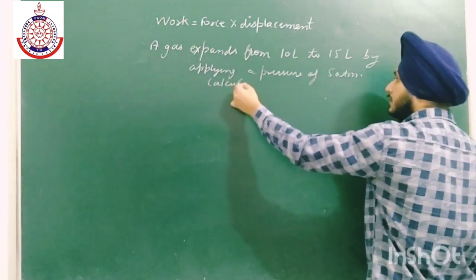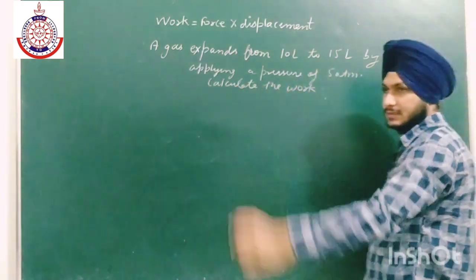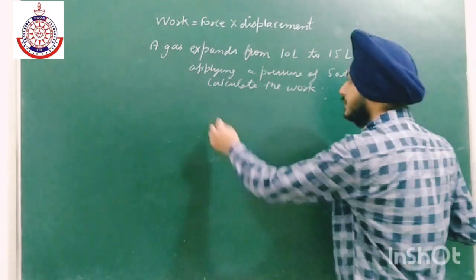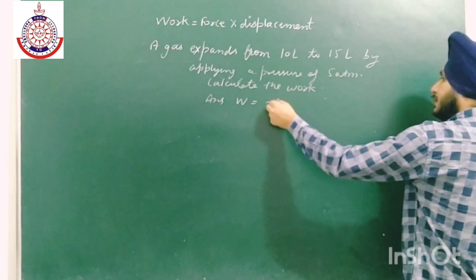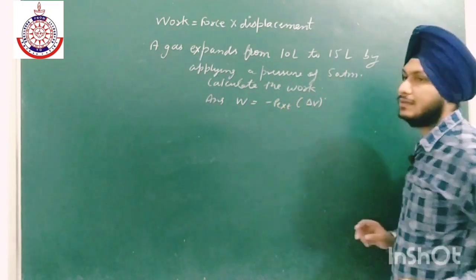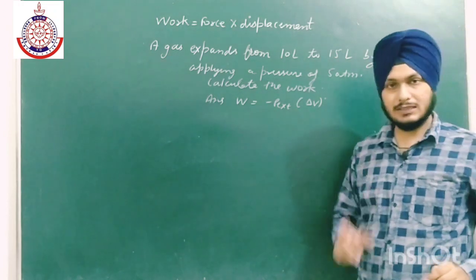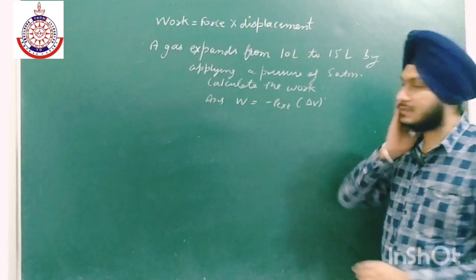So you have to calculate the work, and you all know that work done by the system is always taken to be negative. So we have the formula for work, minus P external into dV. Now dV is the delta V, the small change, and it is an irreversible process because it is taking place in a single step.